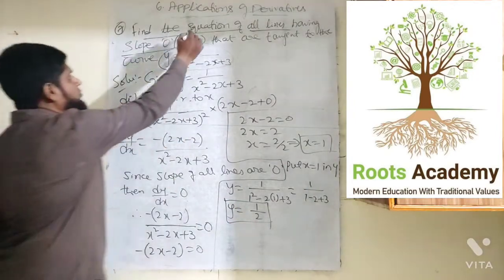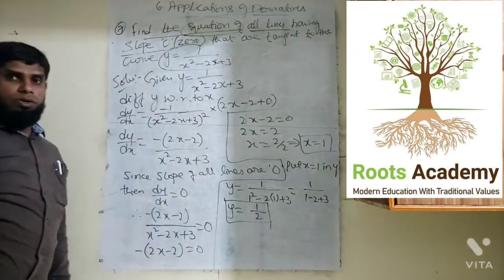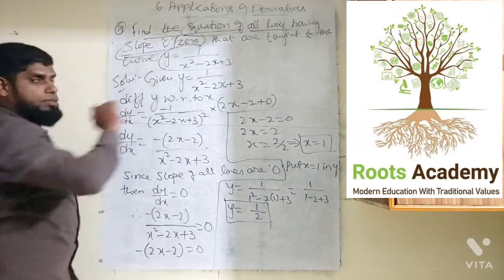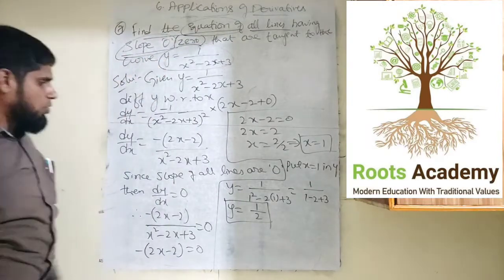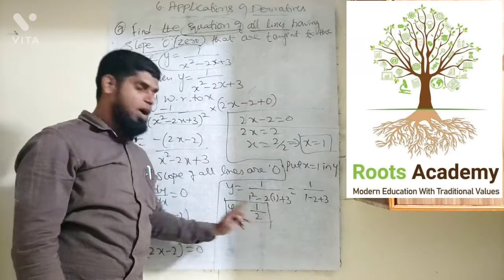And he's asking us to find the equation. The slope is given. He said the slope is 0 and the point is 1 comma half.